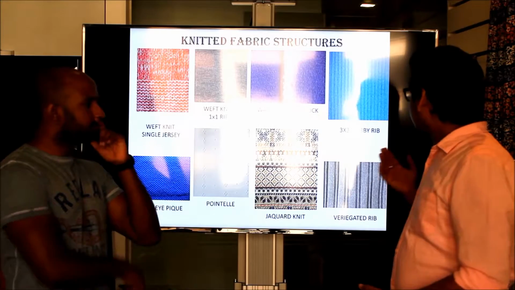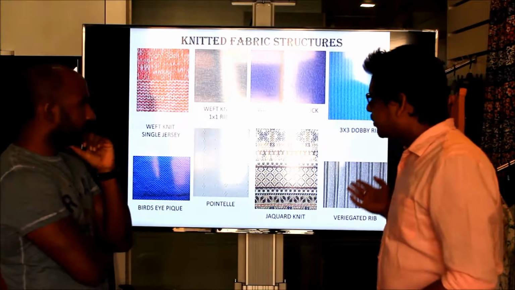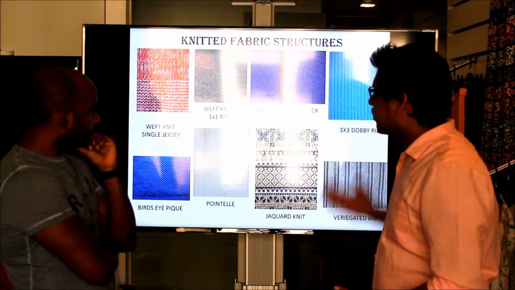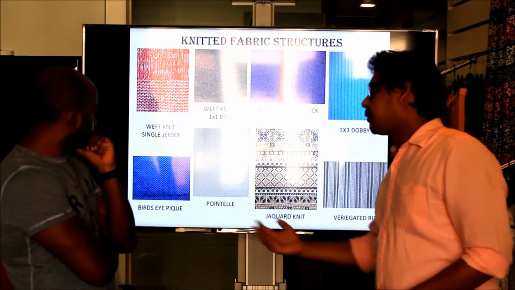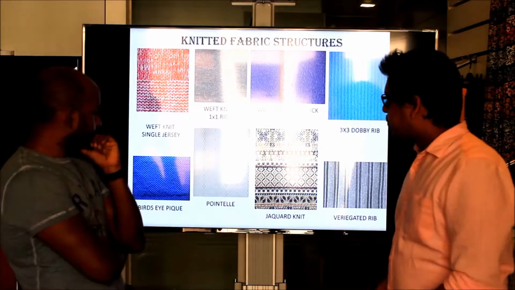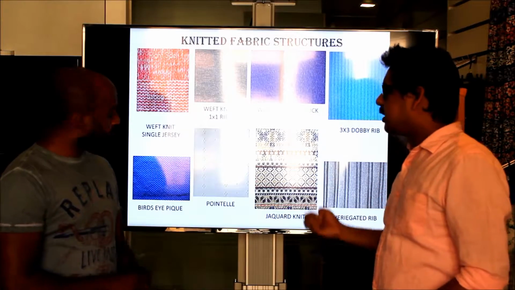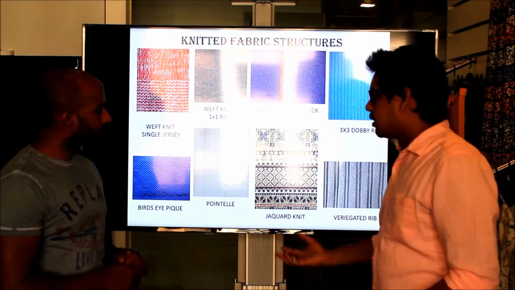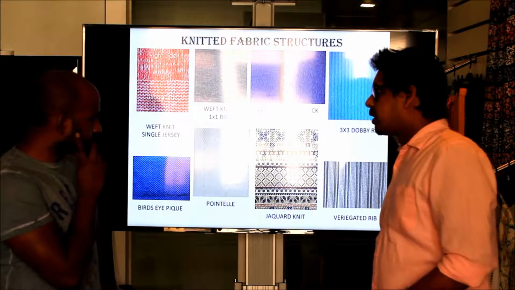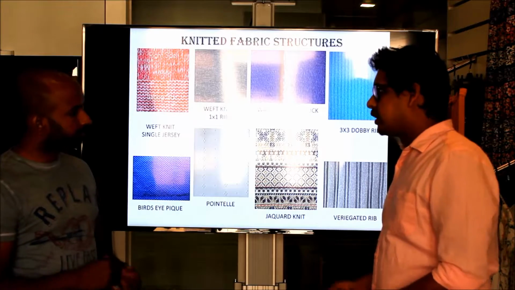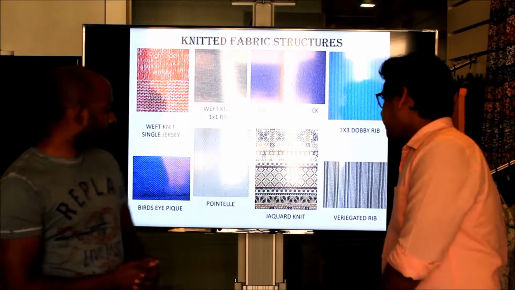Then the 3 by 3 Dobby gives a different kind of structure or outlook on the fabric. The bird's eye PK gives a different structure, a much more stable kind of fabric. Pointel gives a more detailed kind of design on the surface of the fabric, which is mostly used for ladies' garments.